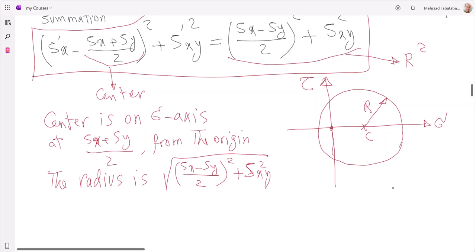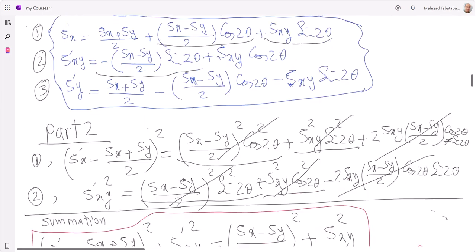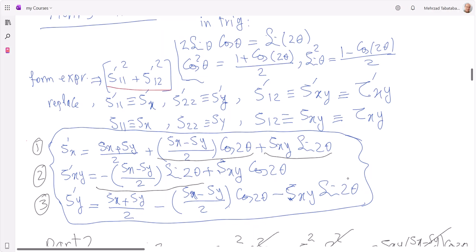In other words, if you rotate your coordinates by any angle theta, then this circle will represent that. Noting that a rotation of 2 theta on this Mohr circle is actually the rotation of theta in the actual physical world. Why is that? Because of these 2 theta that we had.